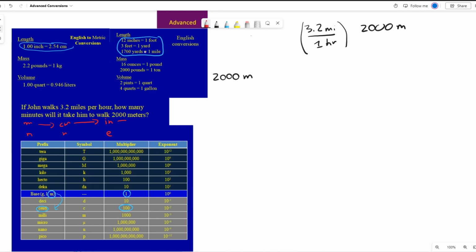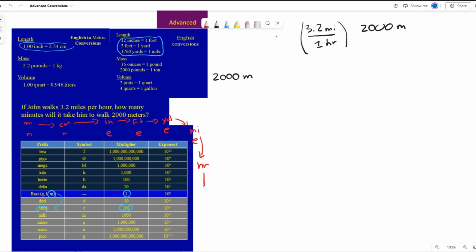So we'll go from inches to feet. It's still in English. Then we'll go from feet to yards. And we'll go from yards then to miles. English and English. And then once we know how many miles that he traveled, we can use that to convert into hours using this conversion factor up here.